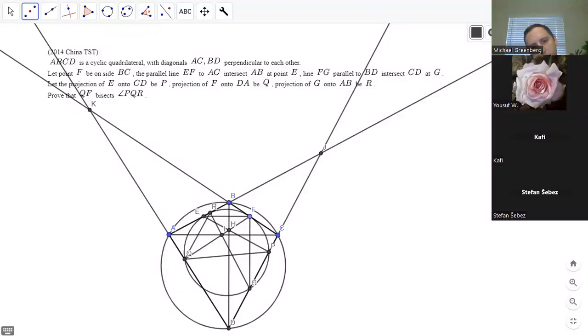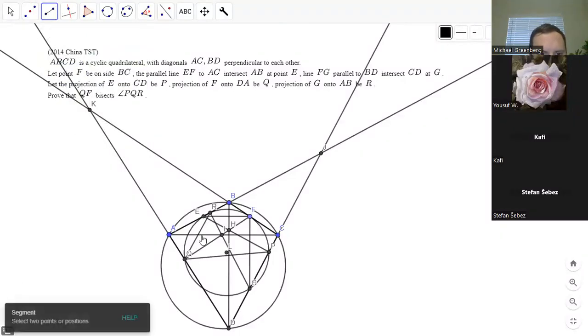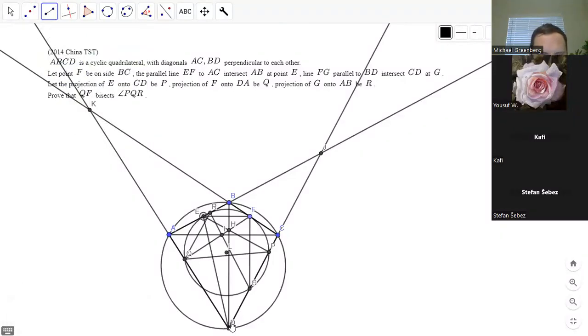So let's see, maybe we should draw the center of the circle. Oh, just a second. By the way, if we can prove that QF and DR and AP are concurrent, that finishes up the problem.